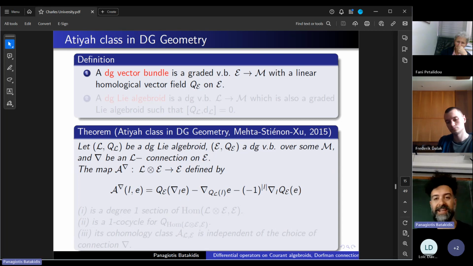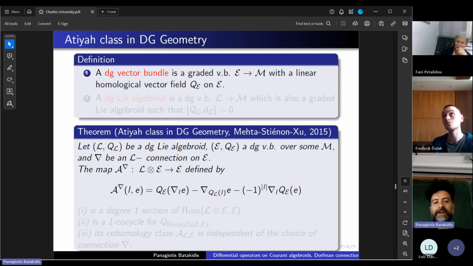It's a cohomology class of a cocycle that represents a part of some curvature. It will be the same thing here. So start with a DG vector bundle.